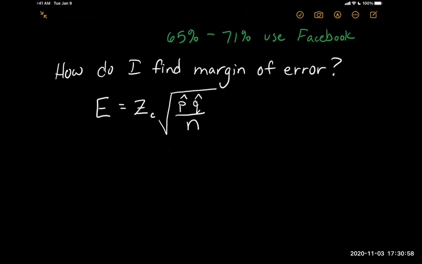So E is the margin of error. You learned about critical Z last week, I hope. If you didn't, we're going to go over it here in just a minute.